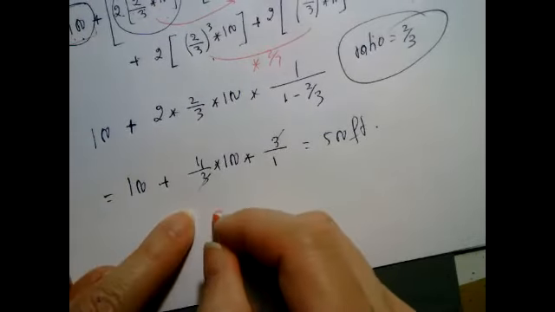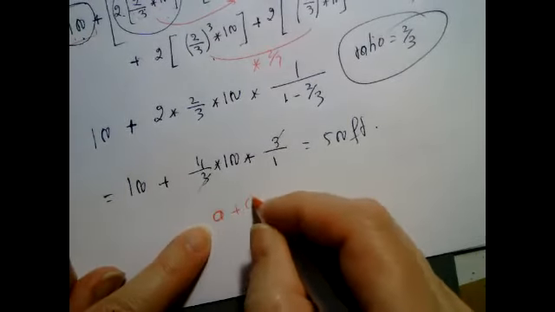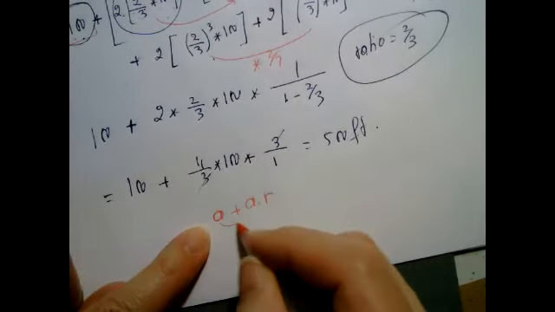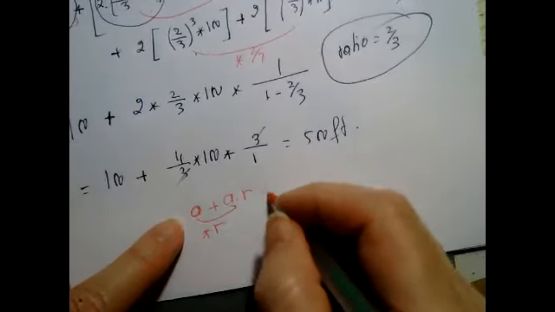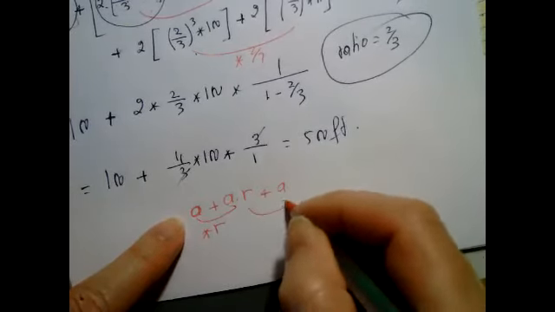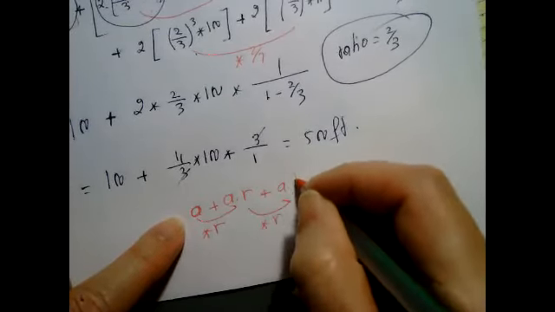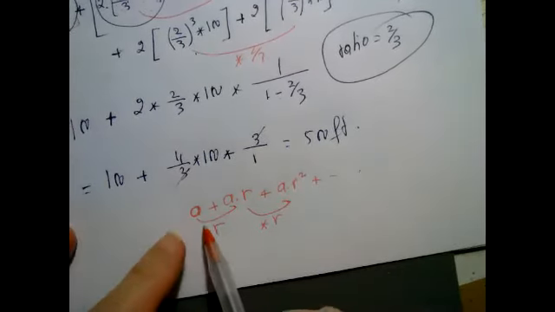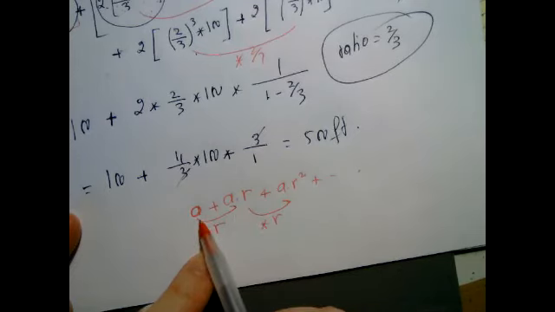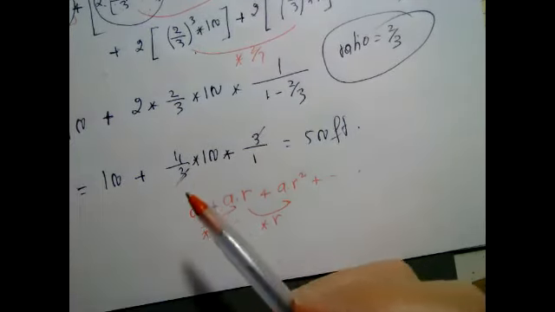You start with a term, and then you multiply it by a ratio. You see what I mean? How do we move? By the same ratio. That's how the geometric series starts. You start with something, then you multiply it by r. And that's really what's happening here.